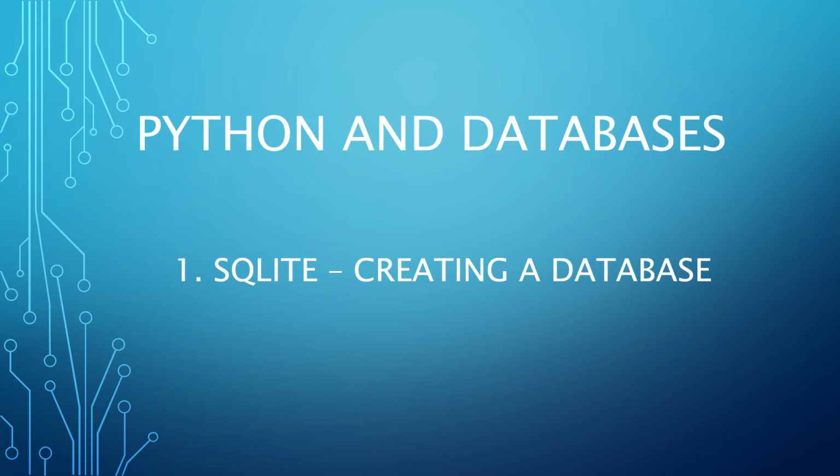SQLite 3 is the database that we are going to work with, and it's an embedded relational database with SQL support. The sqlite3 module implements the Python DB API 2.0 compliant interface to SQLite, an in-process relational database.